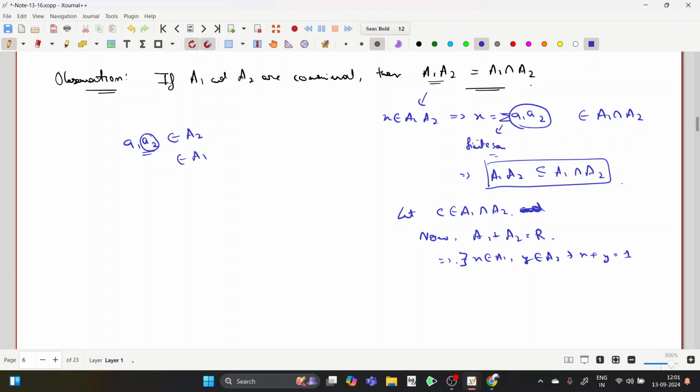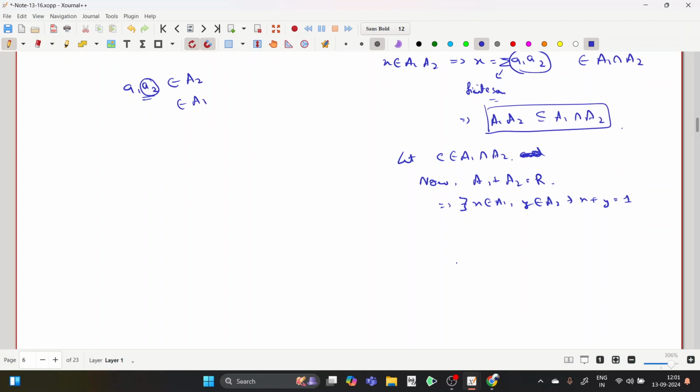But then observe that I choose an element c out of A1 intersection A2, and I can write c as c times 1, which I can write as c times (x plus y), which I can write as cx plus cy. And observe that this is evidently an element of A1 A2, because x comes from A1, and c comes from A1 intersection A2, therefore c comes from A2.